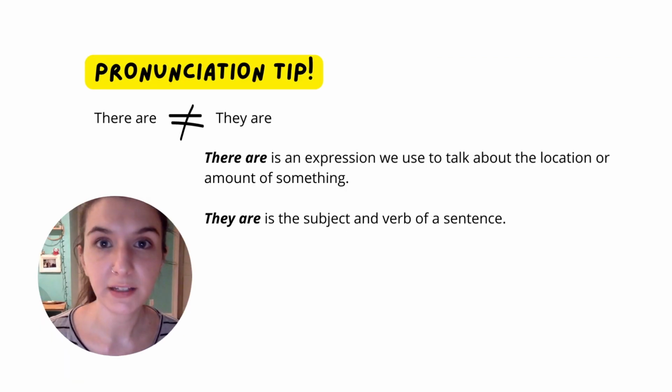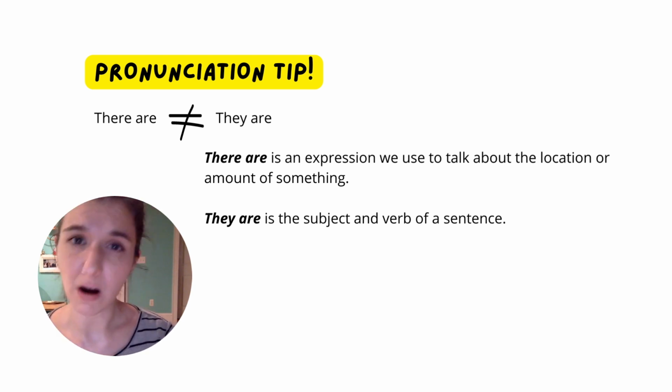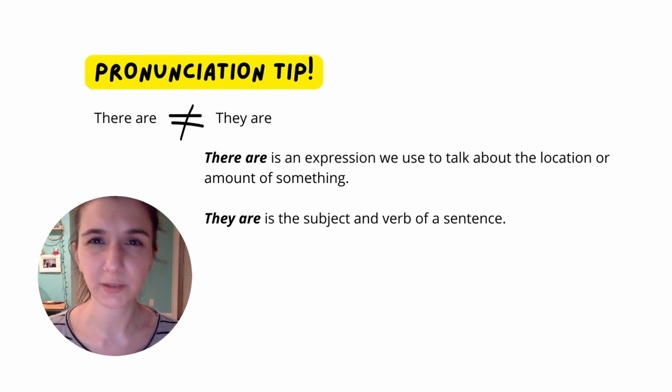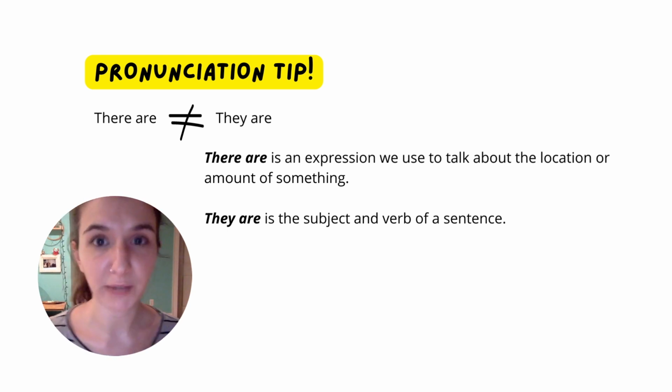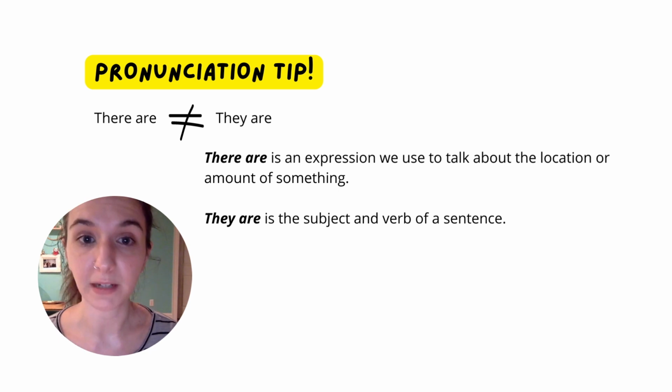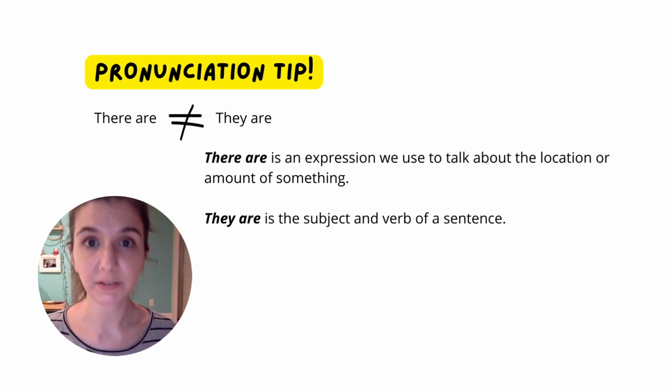To finalize this, I'd like to work with a little bit of pronunciation, because there are is not the same as they are, and sometimes students pronounce them the same way or get them confused. So there are is an expression that we use to talk about the location or amount of something, whereas they are is the subject and a verb of a sentence, and the two words are pronounced differently.